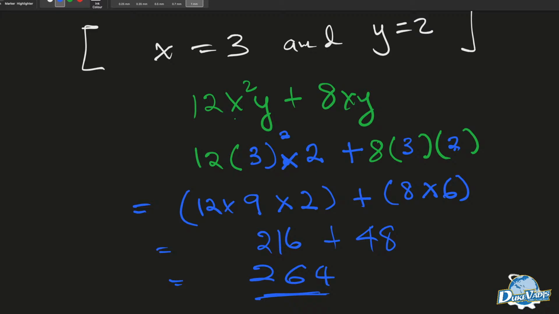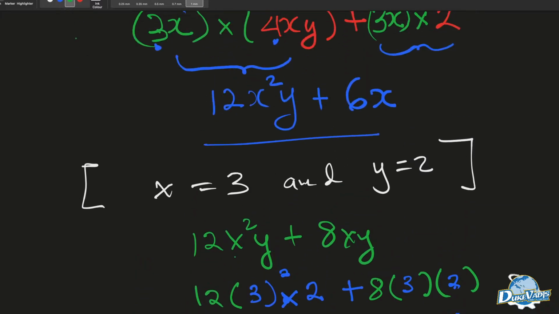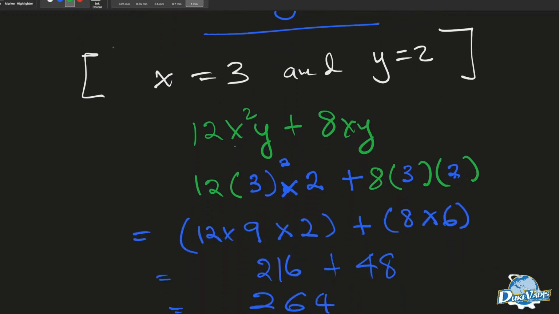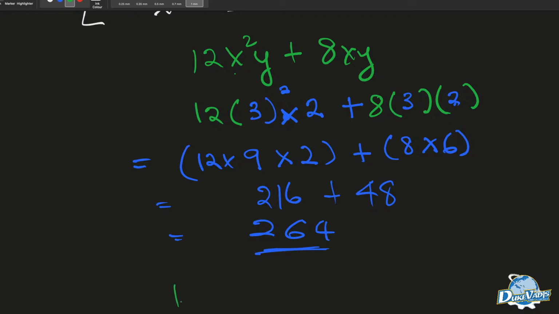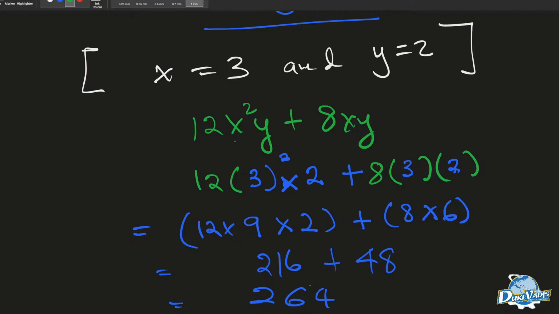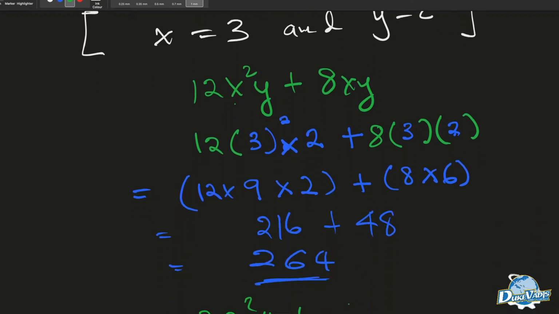Now I'm going to do the same thing to the last bit of the answers. Okay, so what did I get for the last bit? Let's look at what we had. 12x squared y plus, let's have a look, plus 6x.